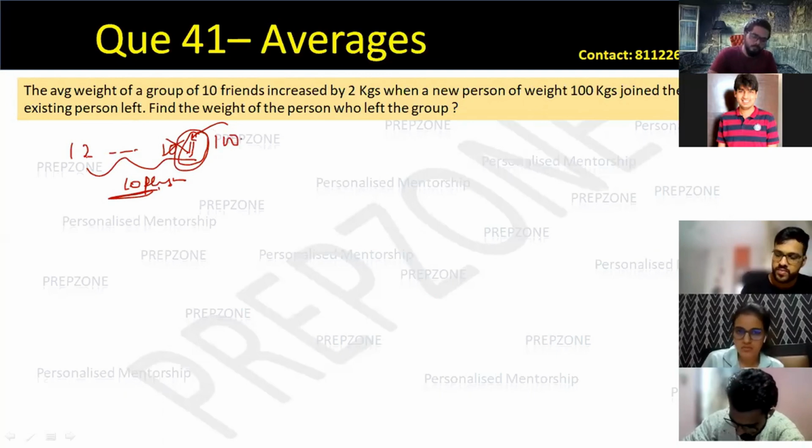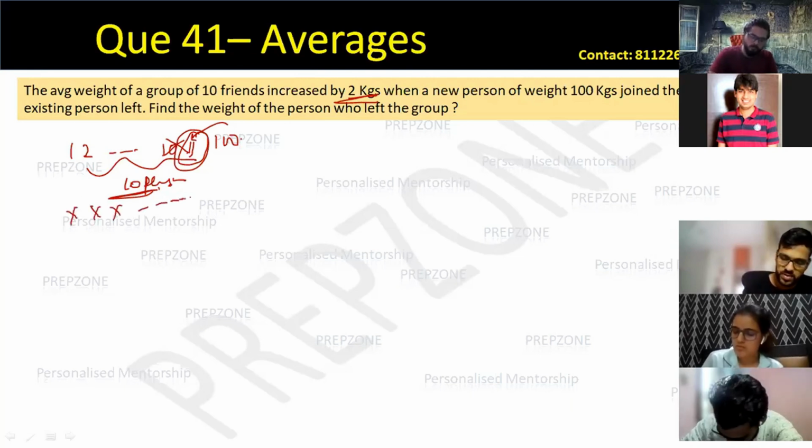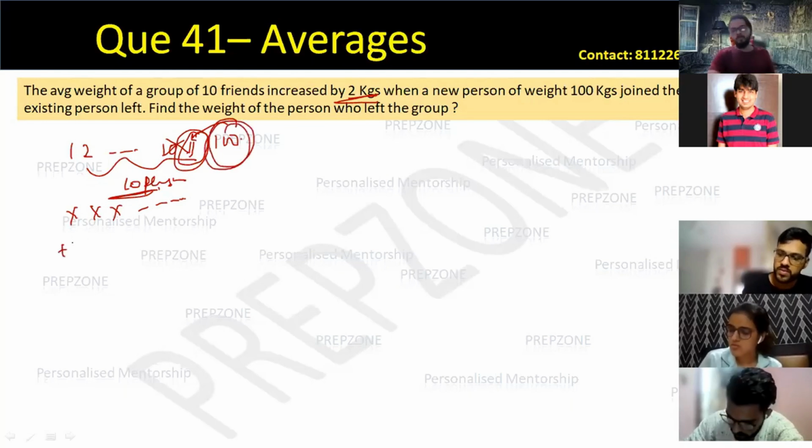Okay, and the initial average of the group has increased by 2 kg, which means whatever the average was earlier, let's say it was x kg, right? So now what is being said is that because of the 100 kg coming in, the average has been increased by +2. Simple. Why?